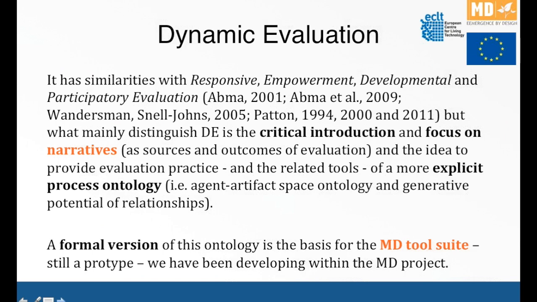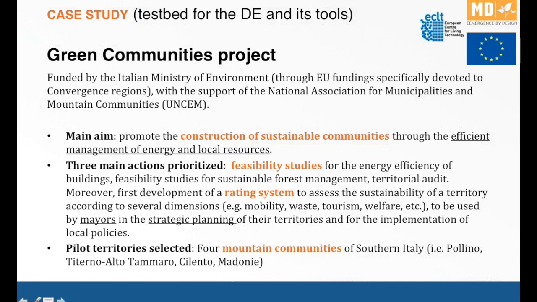The main task of this dynamic evaluation can be summarized, as you can see in this transparency, and they are aimed at the production of iterative feedback loops between the dynamic evaluator and the project team and the participants of the project.